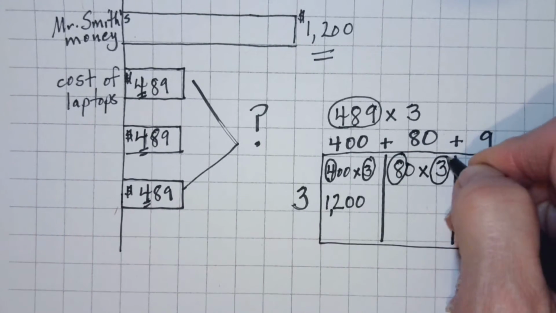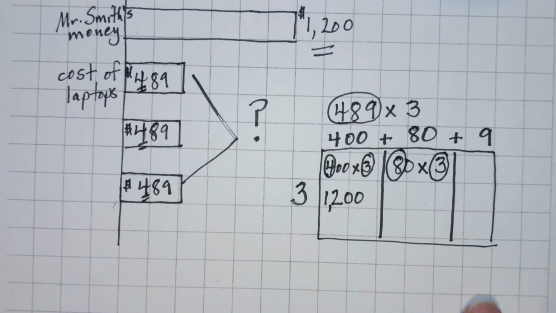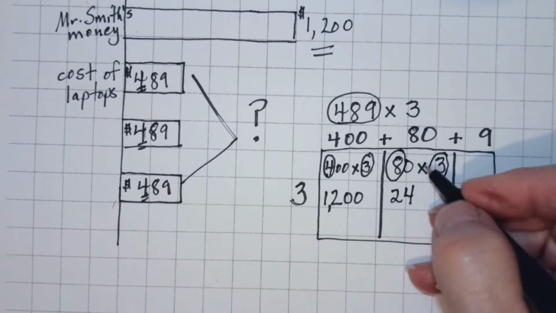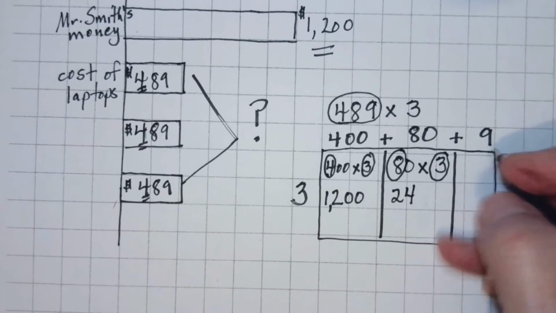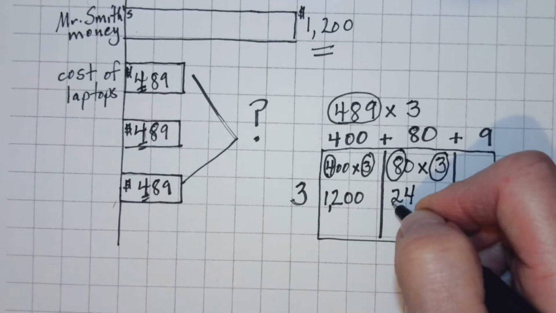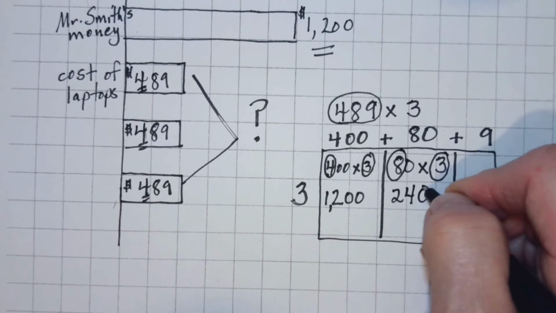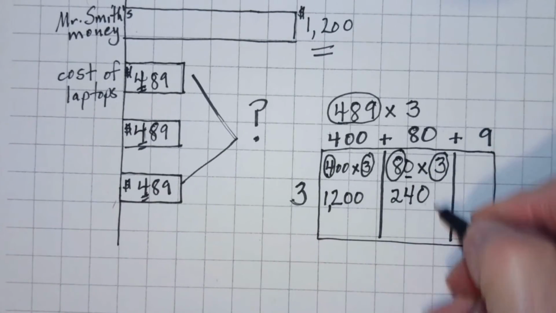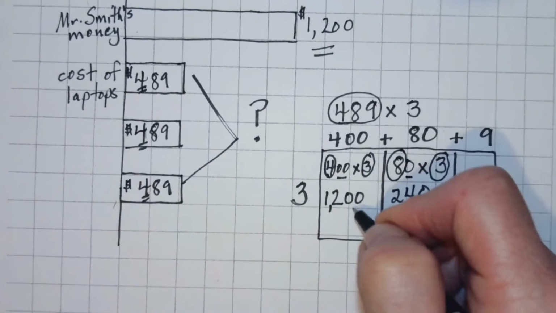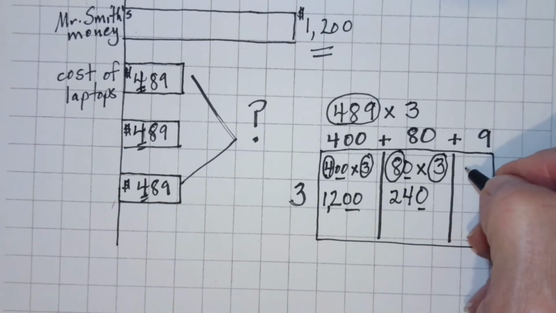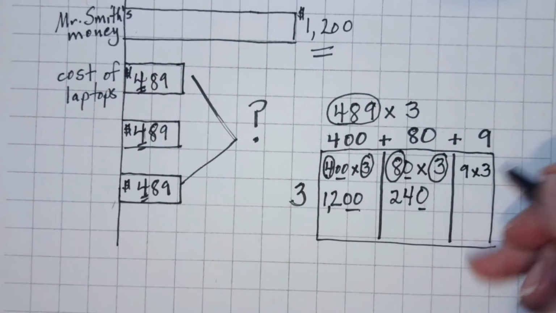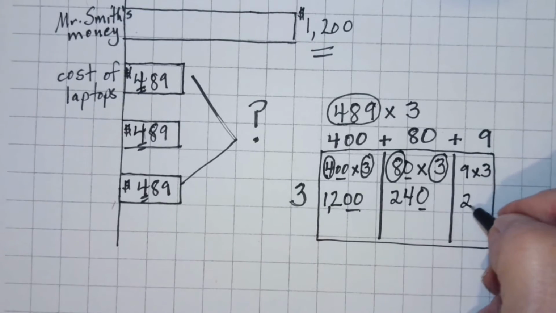So if I was doing ones, 8 times 3, I know that's 24. But I'm doing 8 tens times 3, so this is going to be 24 tens, or 240. Okay? See how this has 1, 0, 2 zeros. All right, then column times row, 9 times 3 is 27.